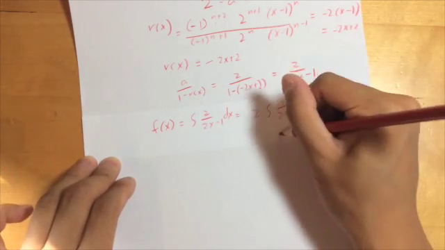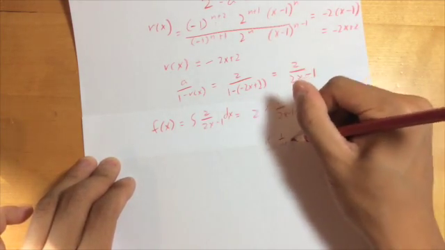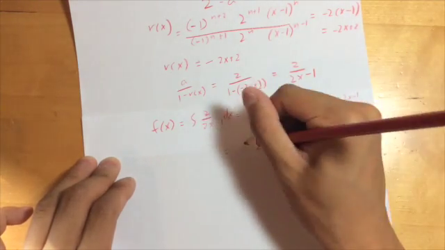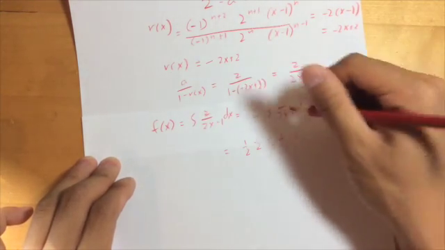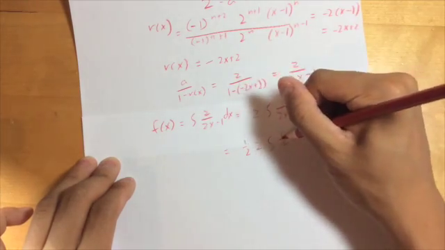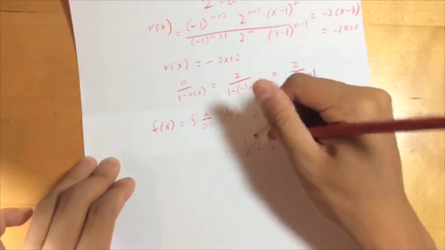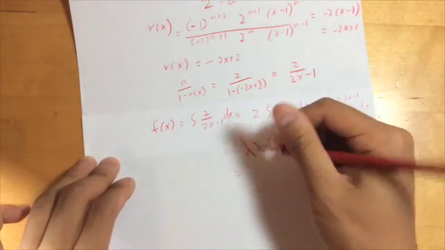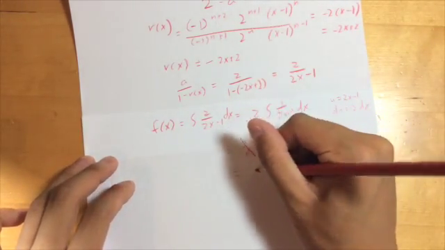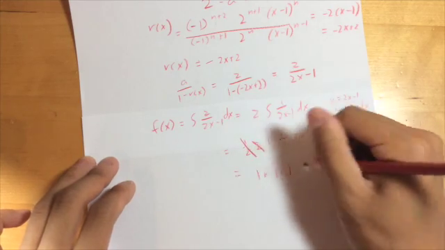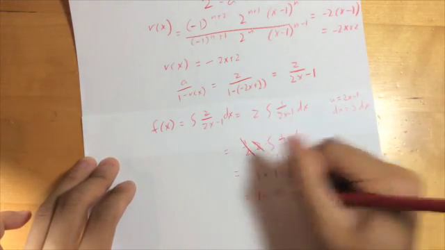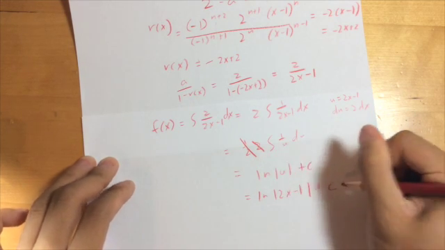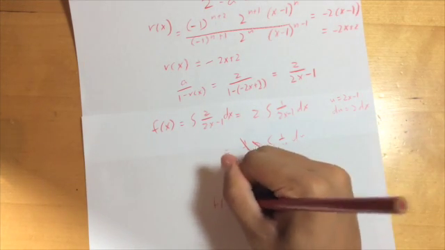So this would be 1 over u du times 2 times 1/2, because you need a 2 here, and once you put a 2 here, to balance this you put 1/2 here. So the 1/2 and the 2 end up canceling out. So this will become ln of u plus c, or ln of 2x minus 1 plus c. So this would be your f of x.